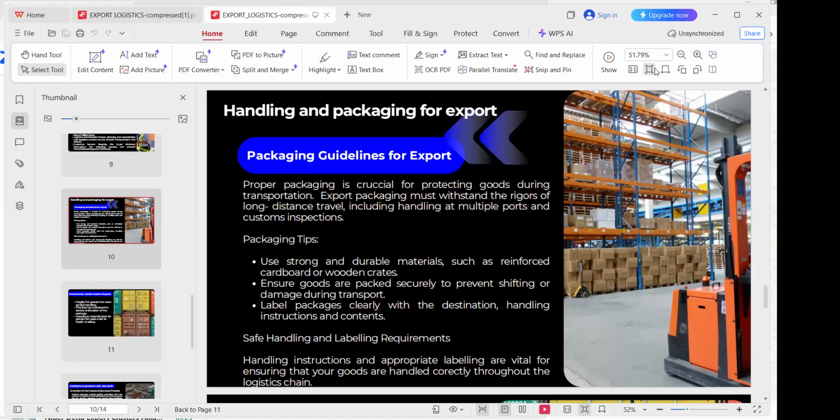The third one, label packages clearly with the destination, handling instructions and content. Safe handling and labeling requirements: handling instructions and appropriate labeling are vital for ensuring that your goods are handled correctly throughout the logistics chain.